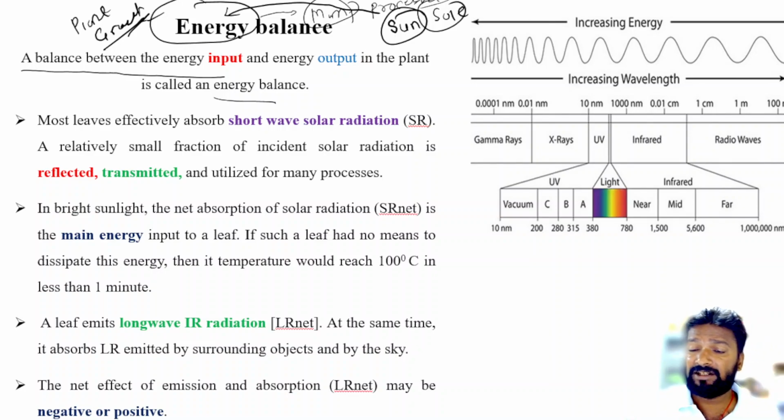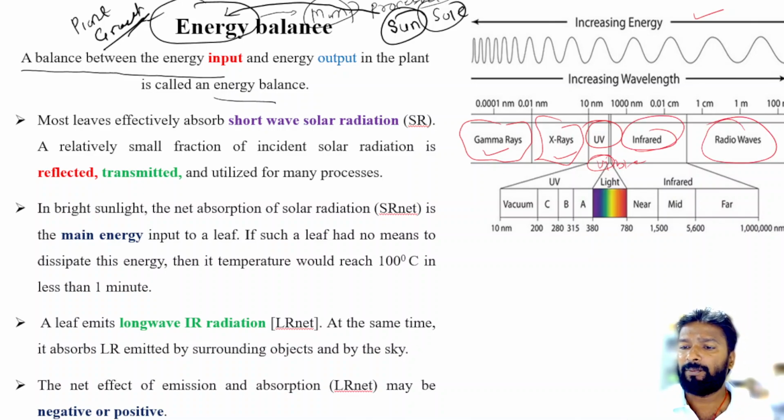And you know that this is the spectrum of sunlight. The sunlight spectrum is made up of several electromagnetic waves: gamma rays, X rays, ultraviolet rays, visible rays, then infrared rays, then radio waves. So there are many types of radiation present.